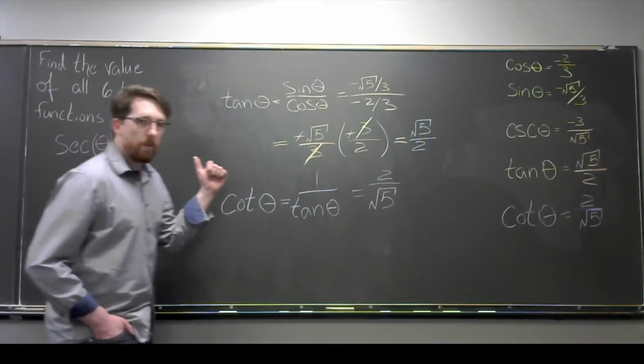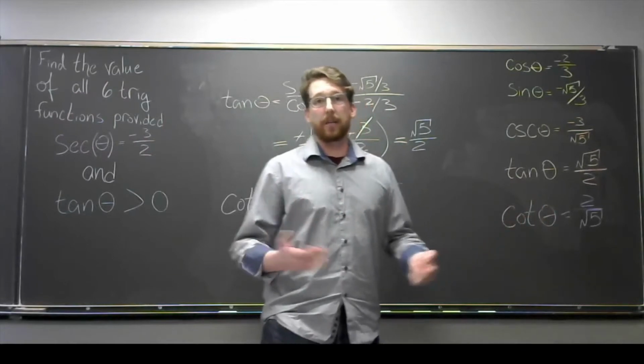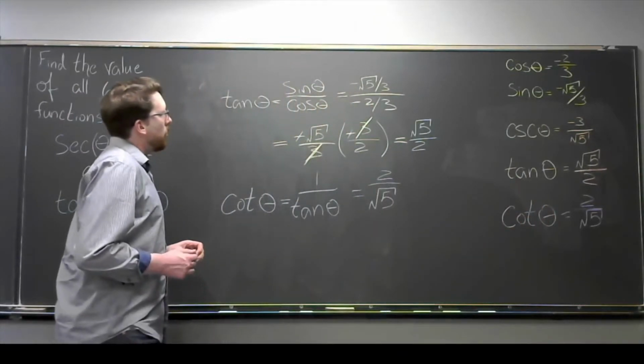And we were already given what the secant was, so we have all 6 trig values. Okay.